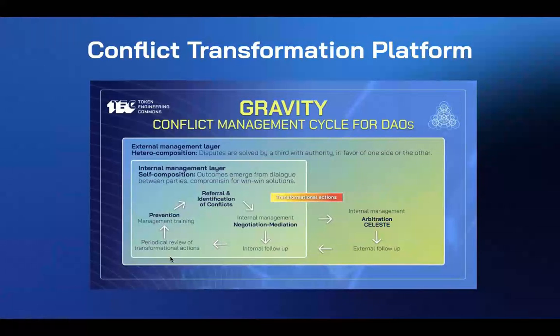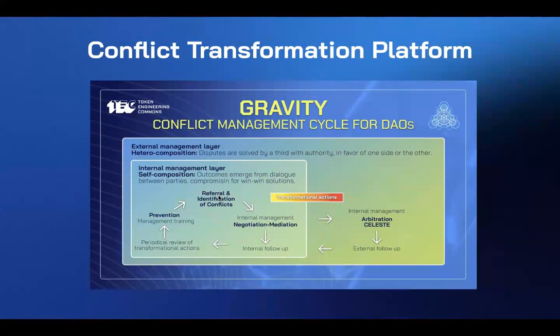And this is the conflict management cycle that we have been talking about. We have an internal management layer that can use self-composition, where the outcomes of a dispute emerge from dialogue between parties compromising for win-win solutions.